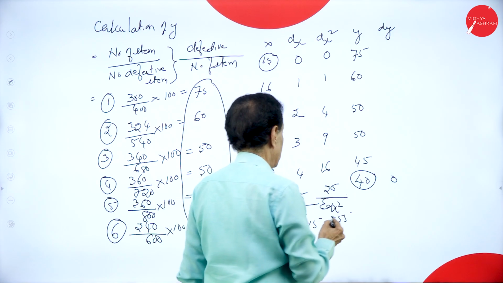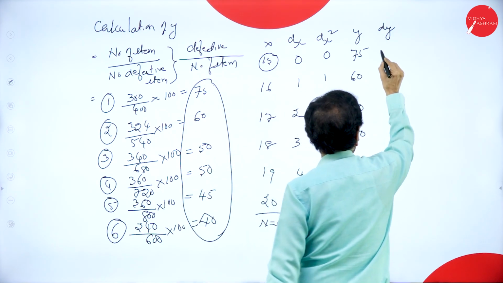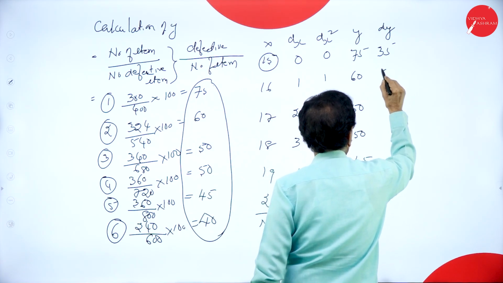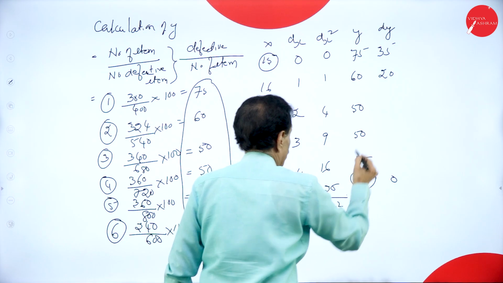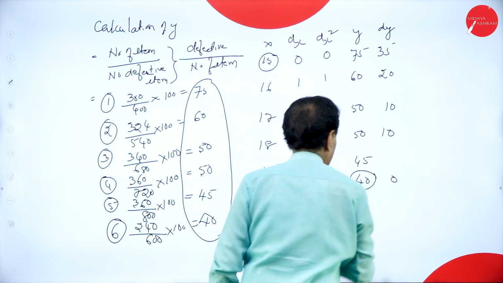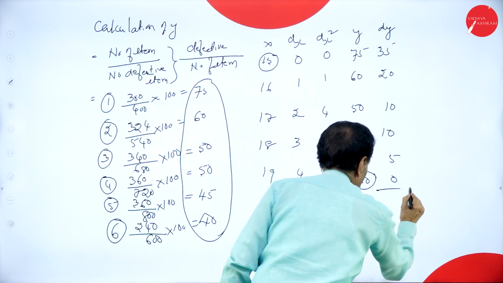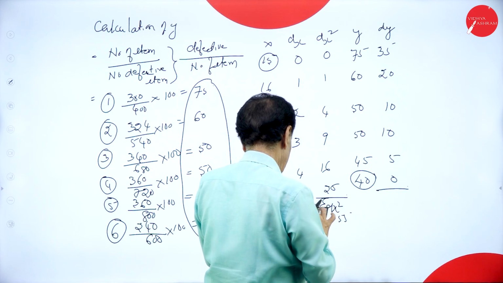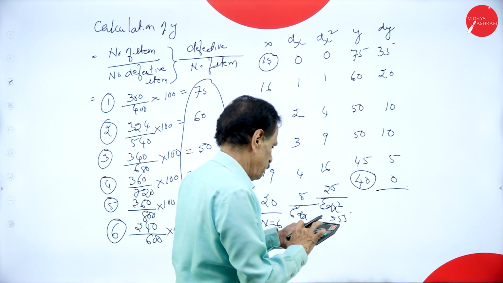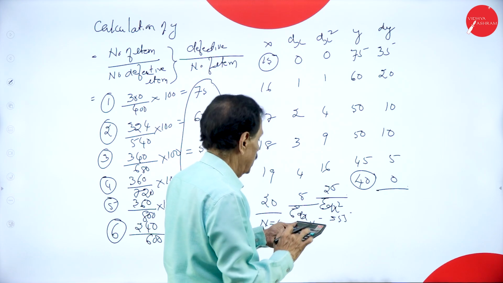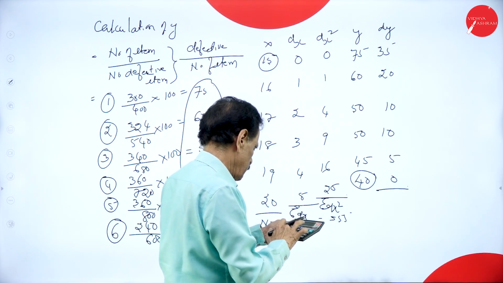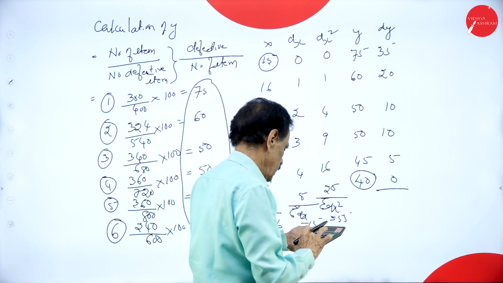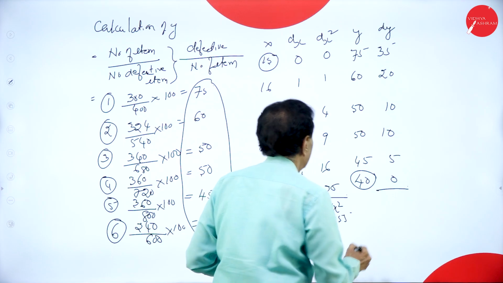So 75 minus 40 means 35. 60 means 20. 50 means 10, 50 means 10. 45 means 5. Add the figures: 35 plus 20 plus 10 plus 10 plus 5 is equal to 80. Sigma dy is equal to 80.